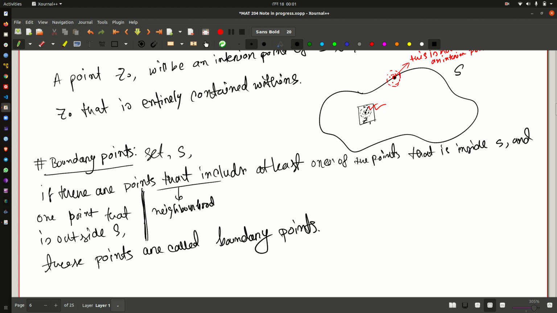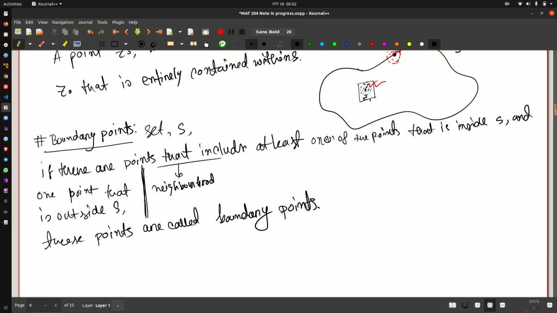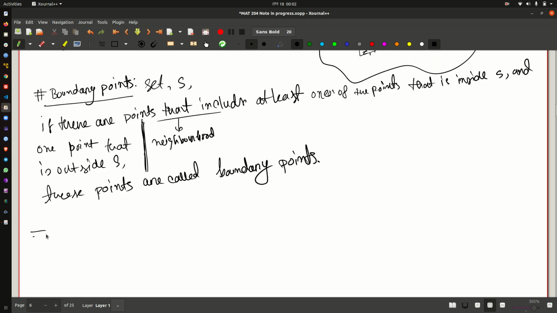Now let's define another thing that is called an open set. You already know about it, but we can also define open sets in terms of interior points. So what are open sets? If you have a set and all the points of that set are just interior points, then that is called an open set.